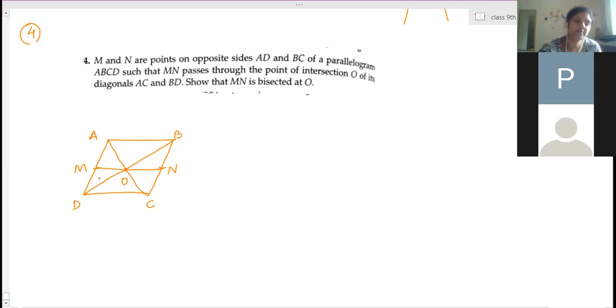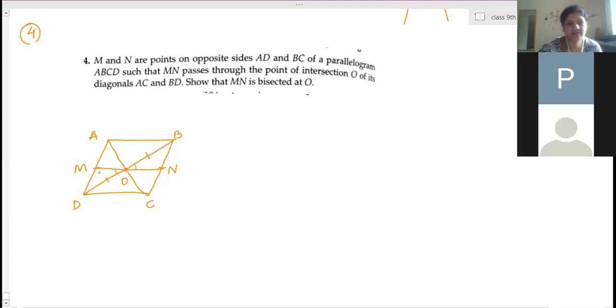Ma'am, can we prove congruence of triangles here? How will you prove? Tell me. They have not given any midpoints. Yes, ma'am, we don't even have angles. But congruency only will work out. So here it is a parallelogram, diagonals bisect each other. OD is equal to OB.